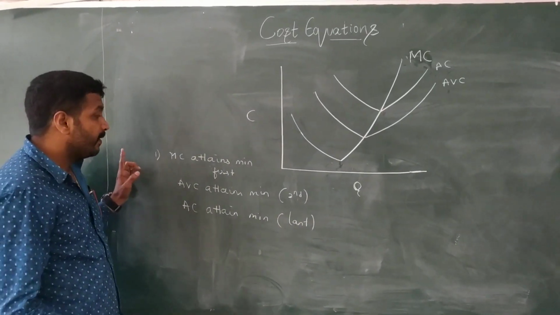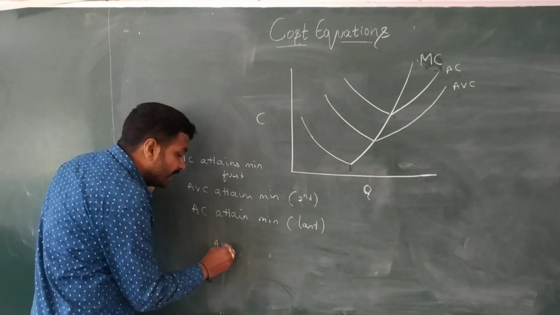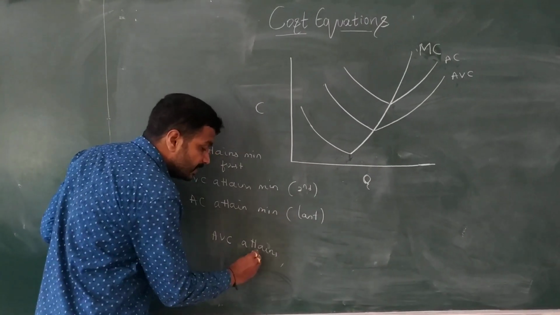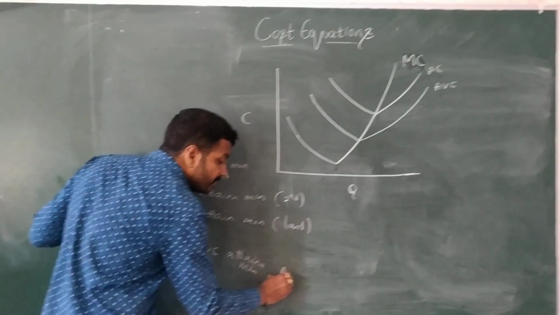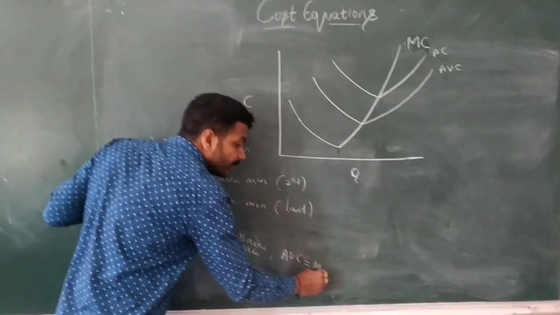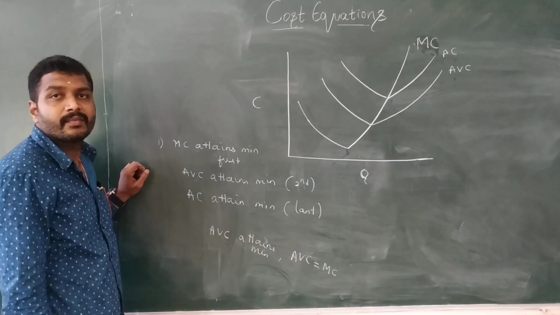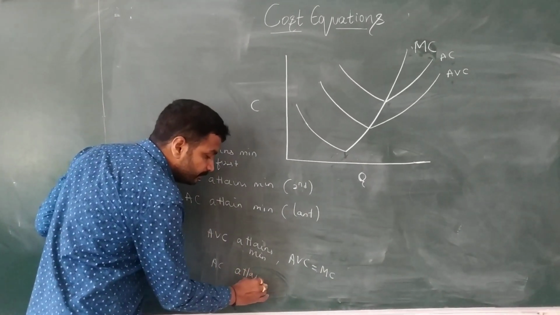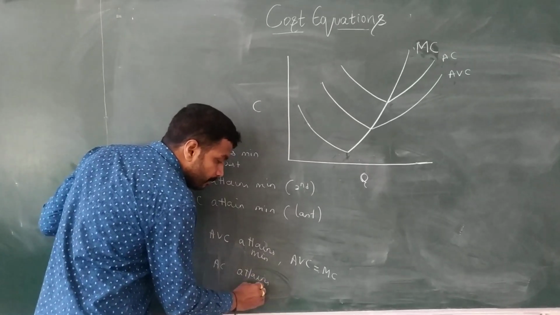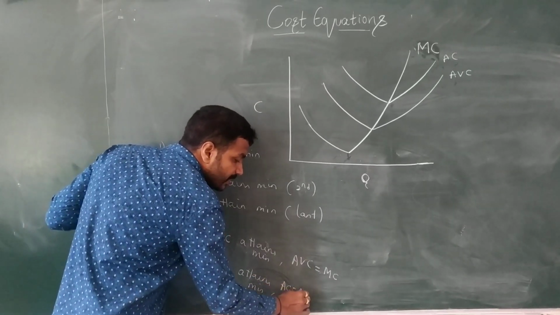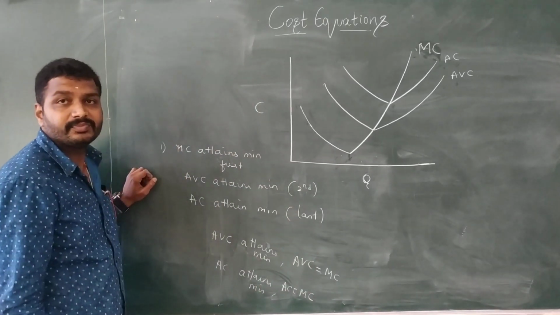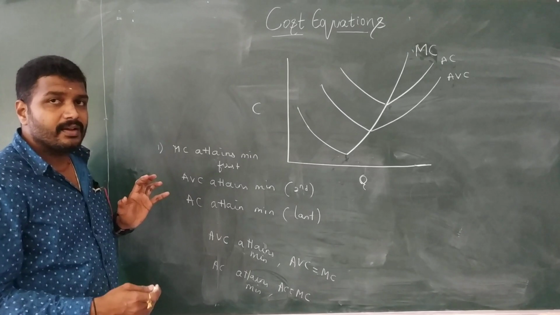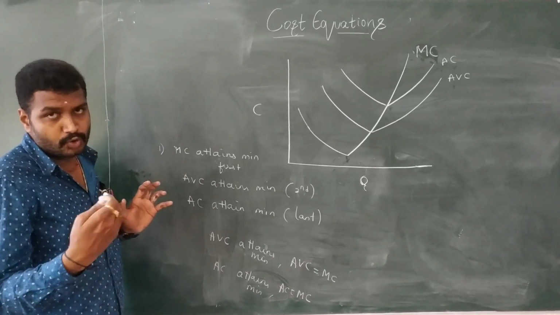When ABC attains minimum, you need to remember, ABC will always be equal to AC. When AC attains minimum, remember AC will always be equal to MC. Why is it so?